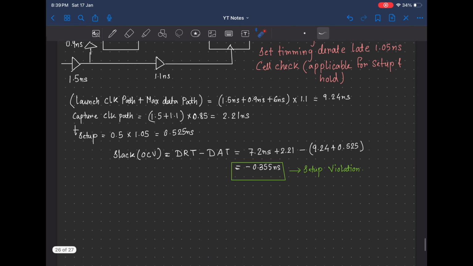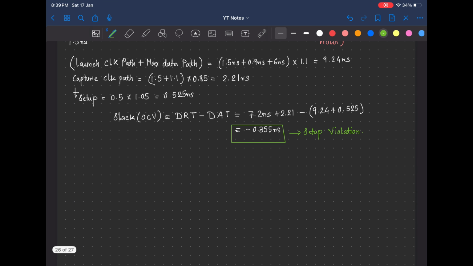So we have to calculate the CPPR. That CPPR should be 1.5 into the late derate minus 1.5 into 0.85, which is the early derate. So it will come to 0.375.